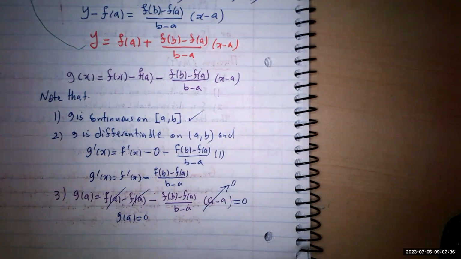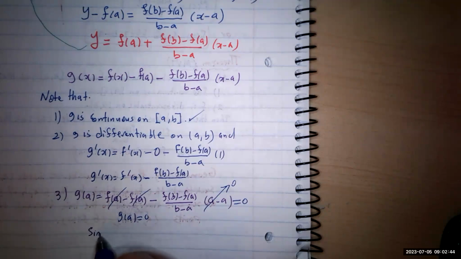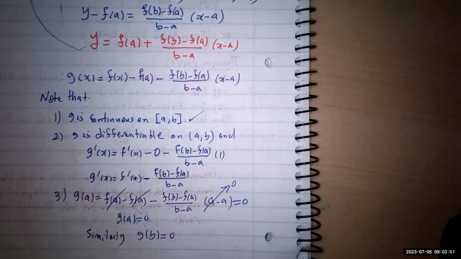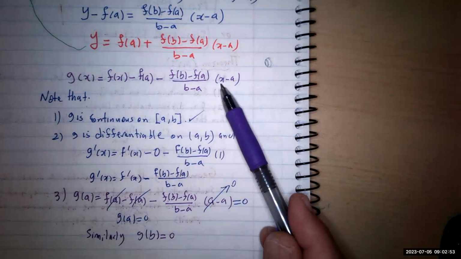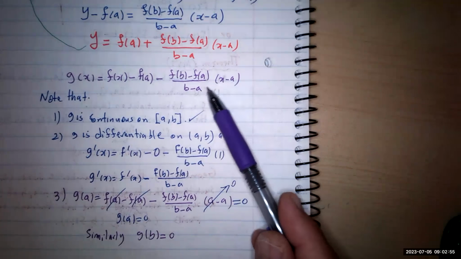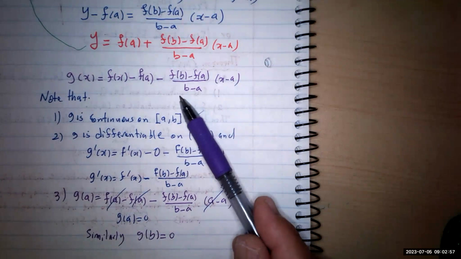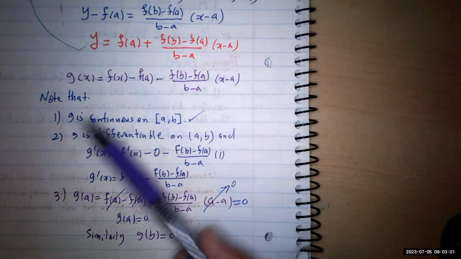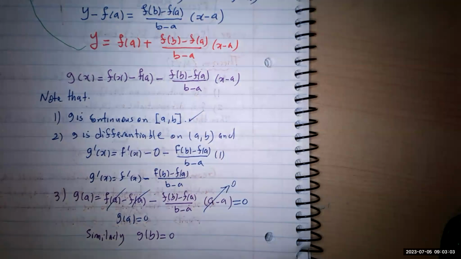Similarly, g of b would be 0 too, so I have the conditions of Rolle's theorem. Because you put the b here, b minus a and b minus a would cancel out, and you have f of b minus f of a minus f of b minus f of a, so everything would be canceling out.